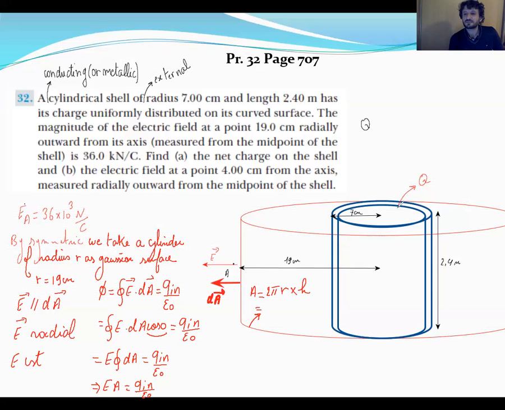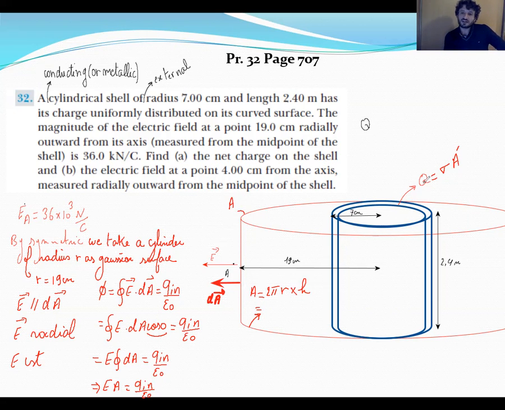In this case, Q must equal sigma times A of the cylinder. Now I am talking about Q of the cylinder. The internal one, we can call A prime, and the external one has A.